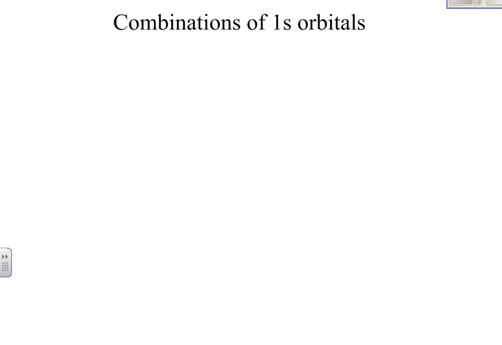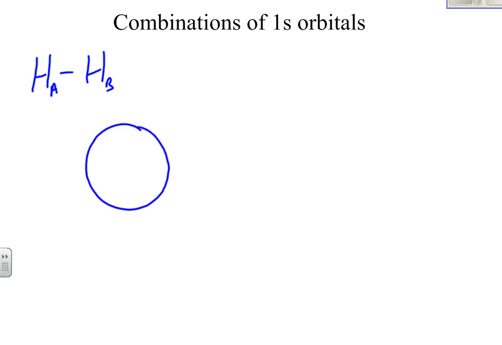Let's take a look at this from the combination of 1s orbitals on the hydrogen. So if I take a look at two hydrogen atoms, which we would normally show the bond this way, and I'm going to label these A and B. If I look at the s orbital on the one hydrogen and the s orbital on the other hydrogen, and again, I'm going to overlap these, so there's a usefulness to our valence bond theory idea.